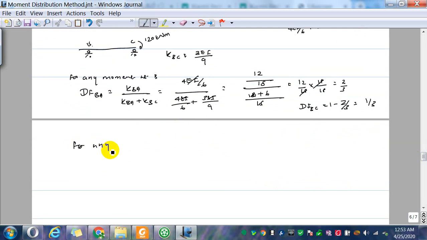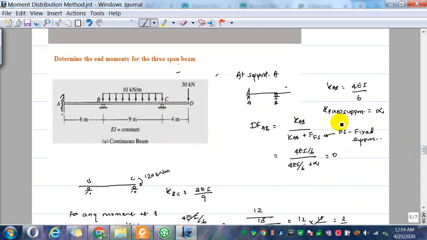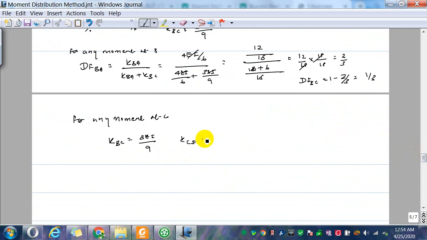for any moment at C, now if you apply a moment at C, here in this case I am applying 120 due to the external. Now KBC is 3EI over L, L is 9. KCD, that is this free hanging component which has no bending stiffness, is 0.